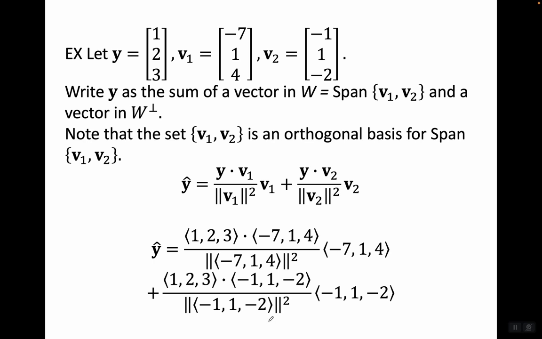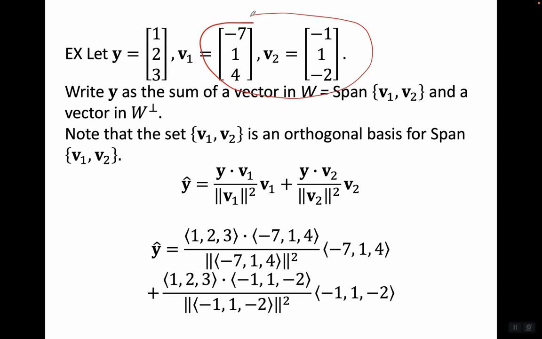For example, let y equal 1, 2, 3, v1 equal negative 7, 1, 4, v2 equal negative 1, 1, negative 2. Write y as the sum of a vector w in span v1, v2 and a vector in w perp. Note that the set v1, v2 is an orthogonal basis for the span of v1, v2 because these two vectors are perpendicular to each other.